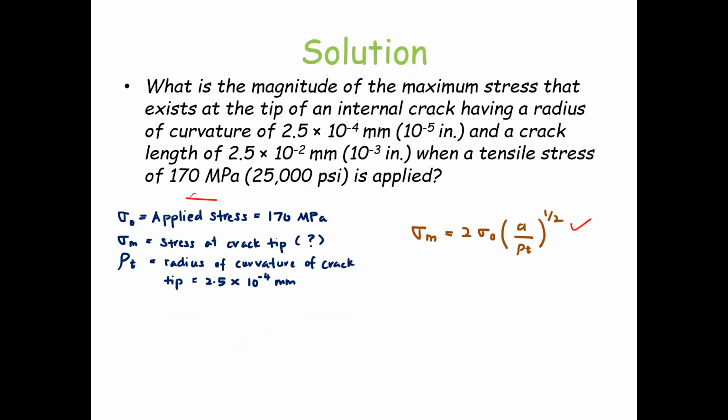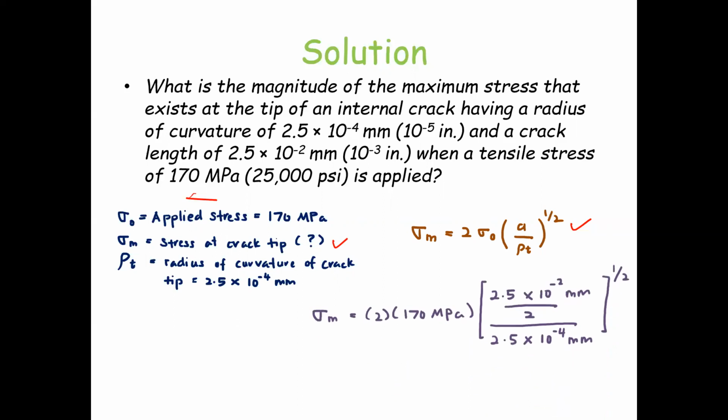To find the stress at the crack tip, we just plug in the values. So 2 times 170 megapascal, which is the applied stress here, times 2.5 times 10 to the power of negative 2 divided by 2.